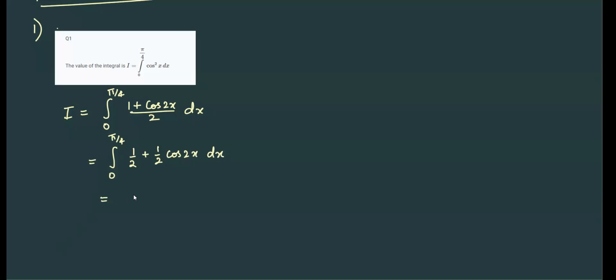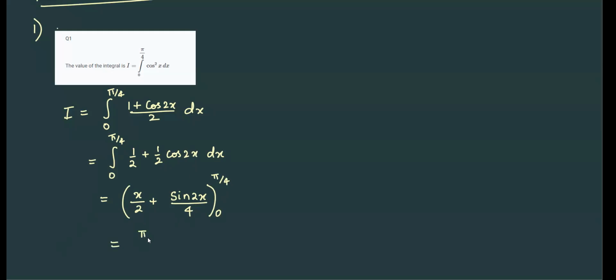Now integral of half is x by 2 plus integral of cos 2x is sine 2x upon 2. But here 2 is already present, so it is 4. Sine 2x upon 4. So applying the limits from 0 to pi by 4.